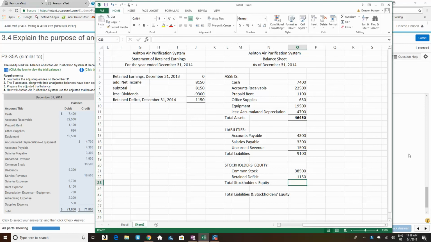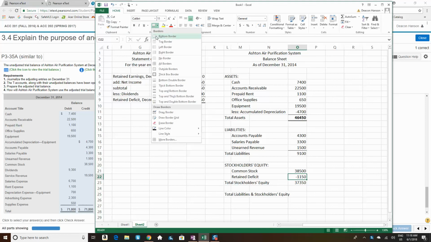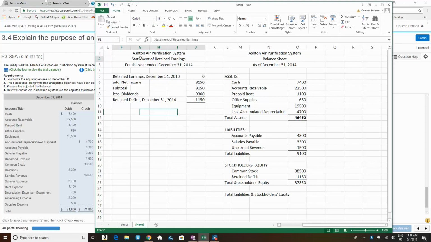So we'll bring that over as a negative, and then we'll combine the two. And I probably would label my retained earnings statement this way, just in case there is a deficit.